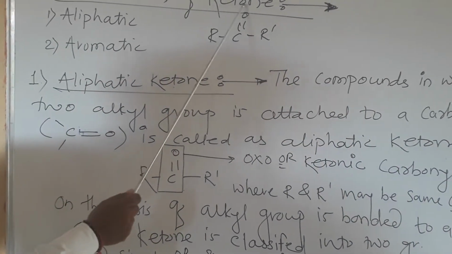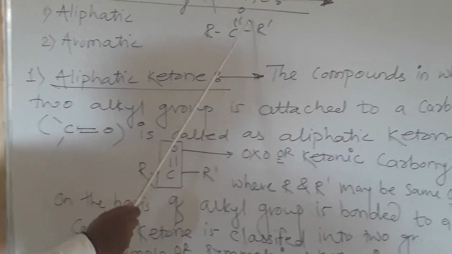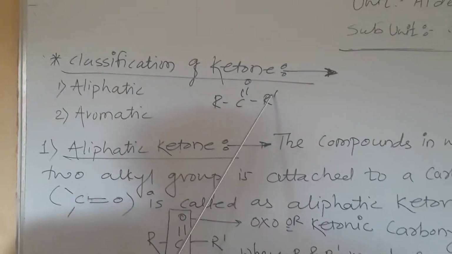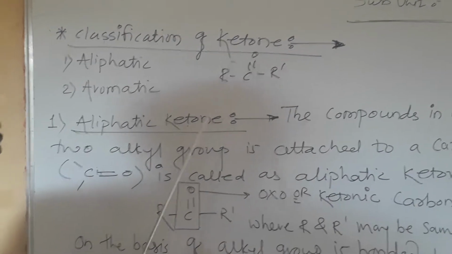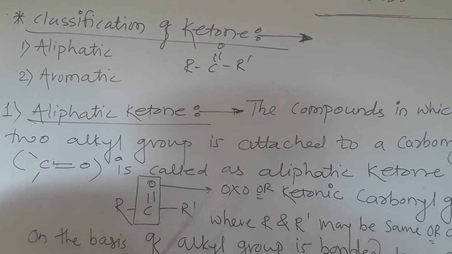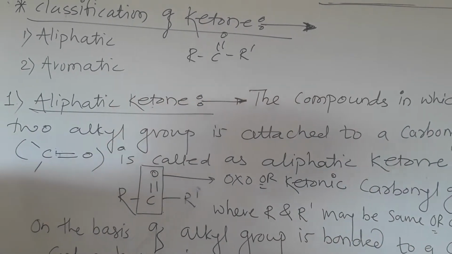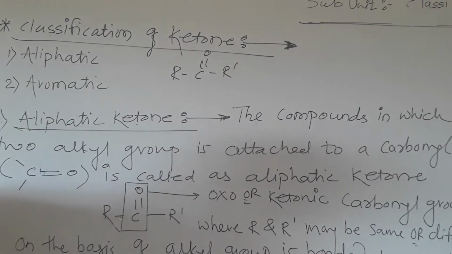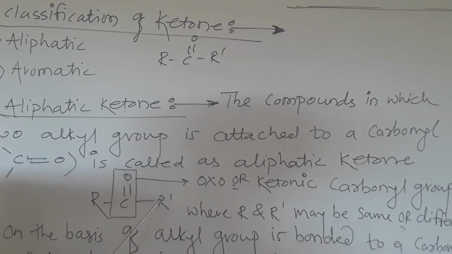It means this carbonyl group of the functional group of ketone is bonded to two alkyl groups. These alkyl groups may be the same or different. The functional group of aliphatic ketones is R-C double bond O-R dash.